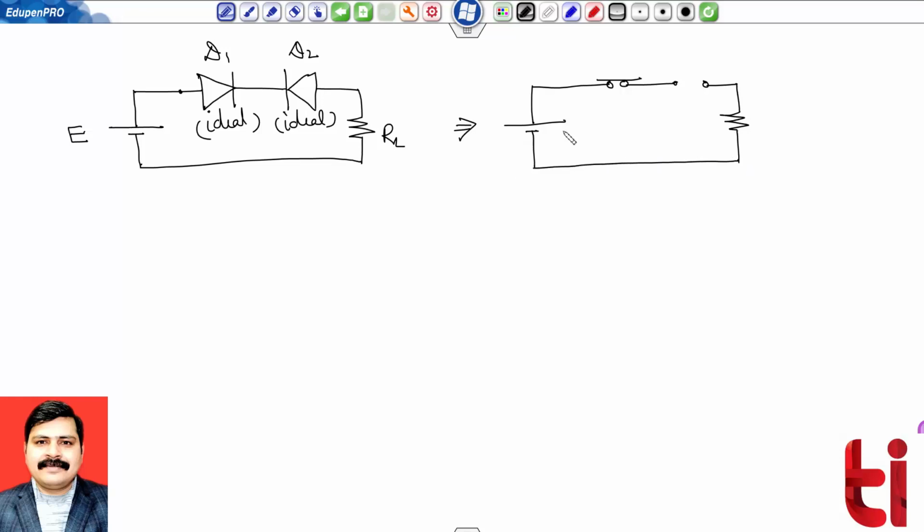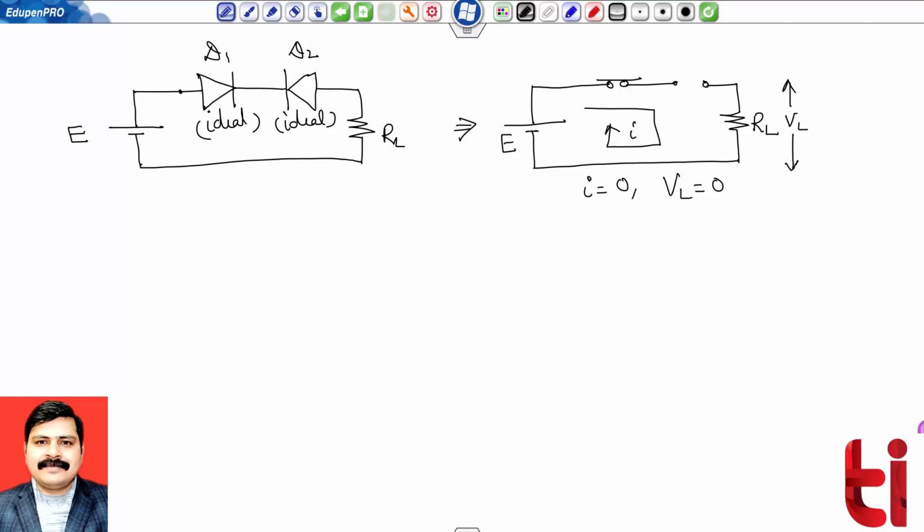Now you can imagine the current flowing through this loop and the voltage across this load resistance. I think you must have the answer. The value of current I will be 0 and voltage VL will also be 0, as no current can flow through the open circuit. So this is another case of my series combination.